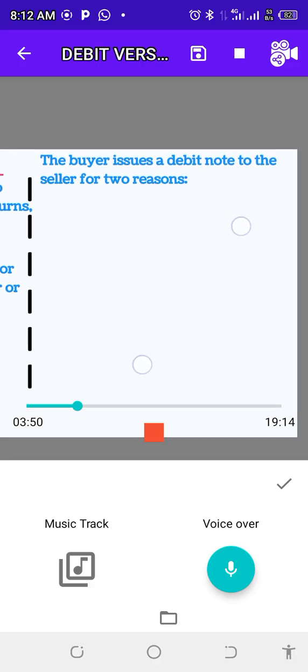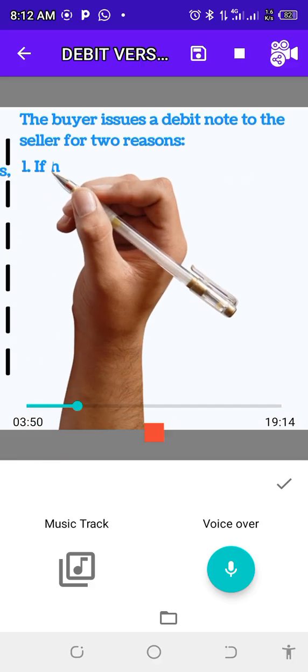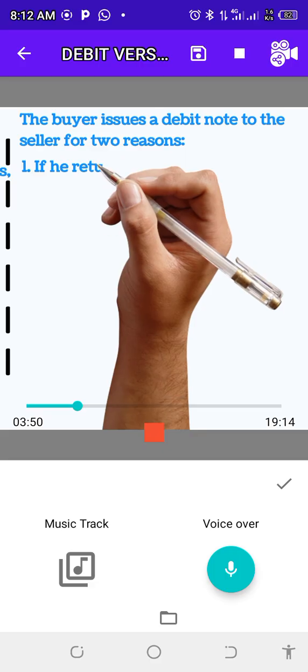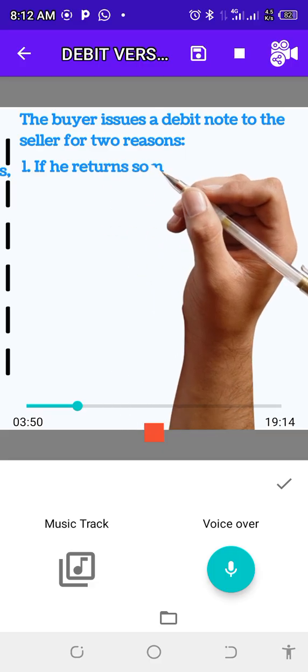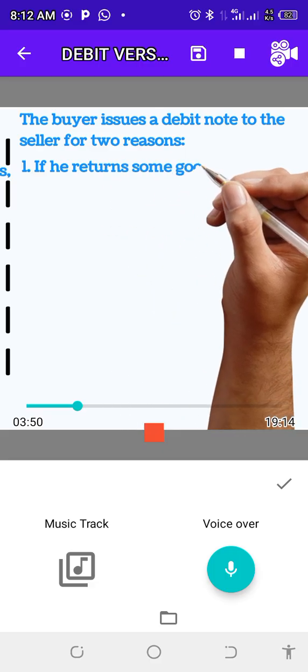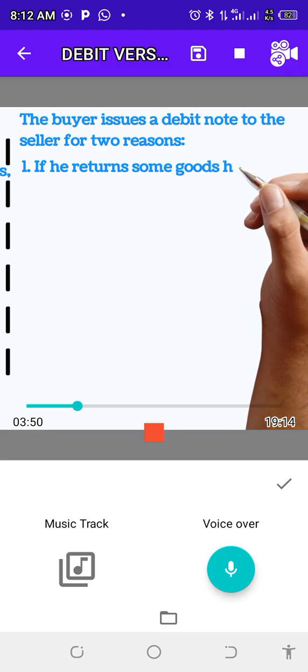The first reason is if it returns some goods it purchased back to the seller, then it issues a debit note to the seller.